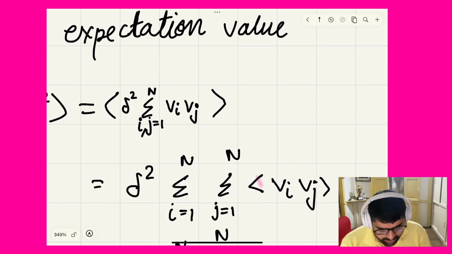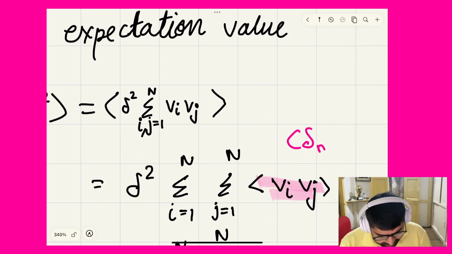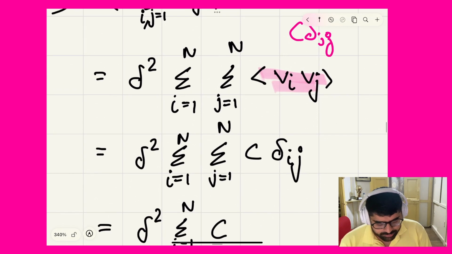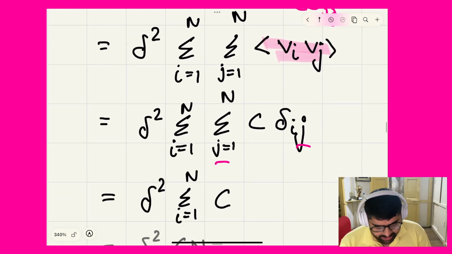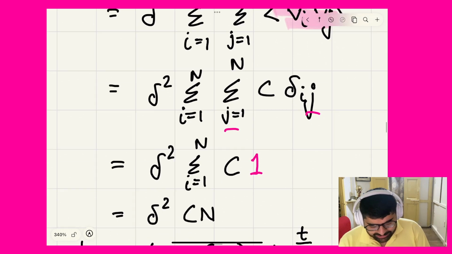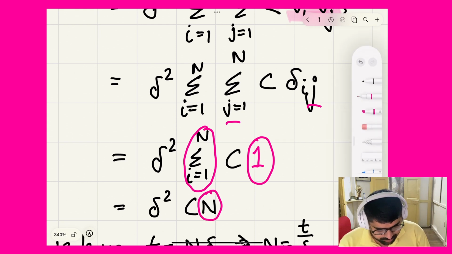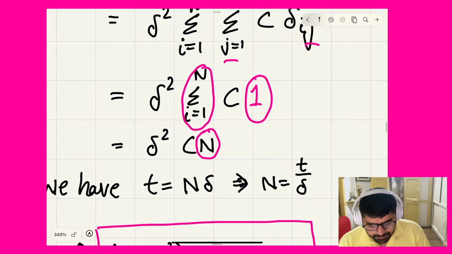In this expression, we're given that the expectation of vi vj is equal to c Kronecker delta ij, and when we sum this over all j, we get 1, and the summation of this summation is equal to n. So finally, we get this.